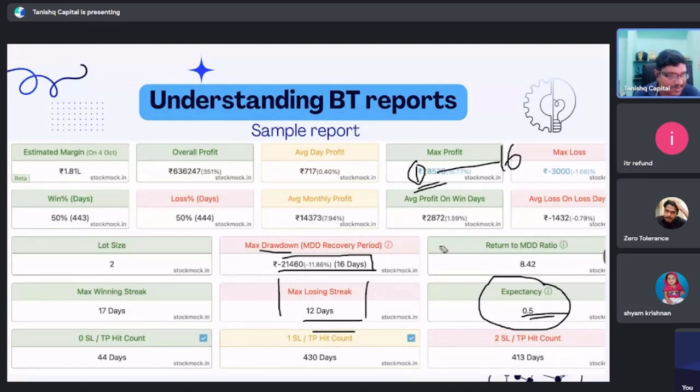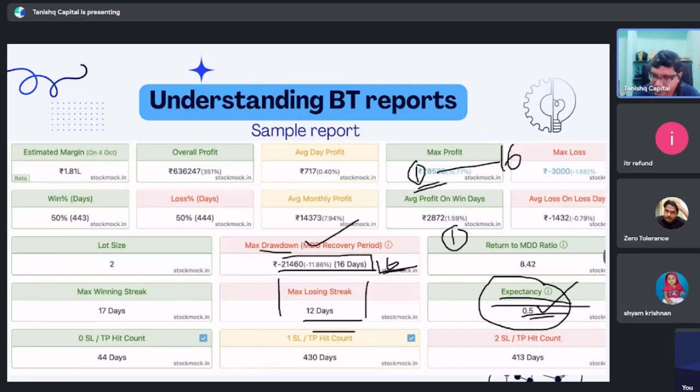Oh boss, all for one loss I faced, it will take 16 days. Oh my God. Then this is the major criterion you should be concentrating on, and the higher the expectancy, the better. Generally, expectancy is like a probability, a number that ranks how quickly it can recover.